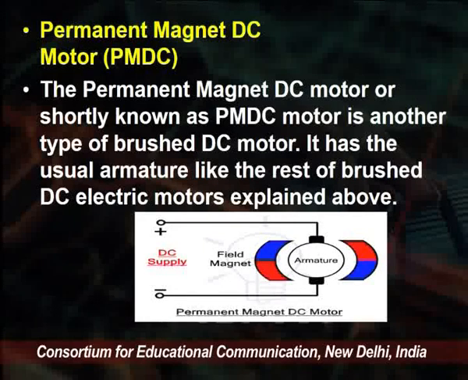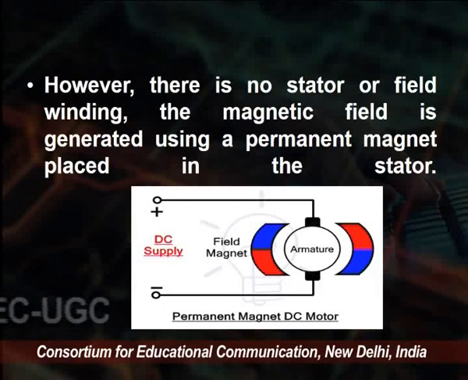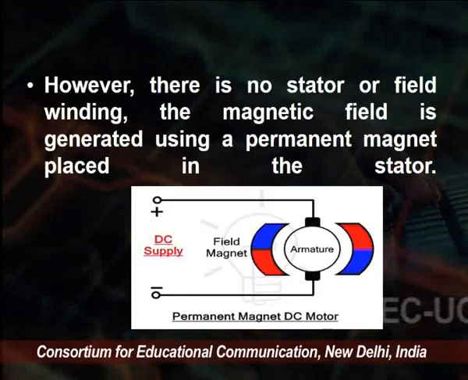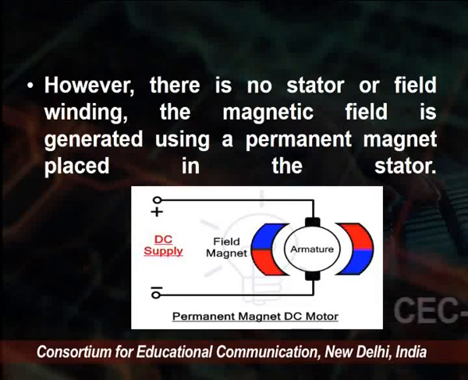Here you see this is a very simple form of the permanent magnet motor. On both sides we have a south and north pole magnet, and in between it is connected through the DC power supply. However, there is no stator or field winding. The magnetic field is generated using a permanent magnet placed in the stator.